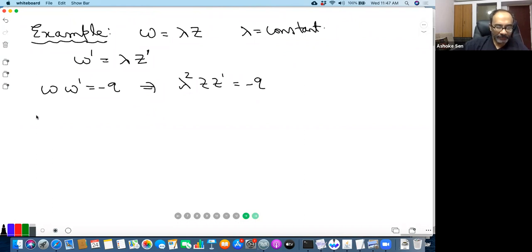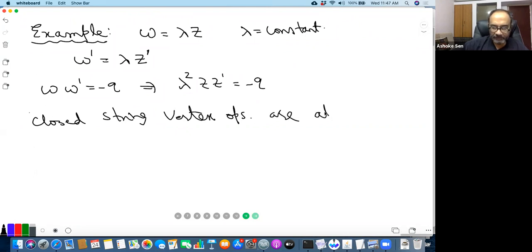Now let's see where the vertex operators are. The closed string vertex operators, the open strings have gone, they are internal lines. So the closed string vertex operators are at the position Z equal to I. Let's use the Z coordinate.